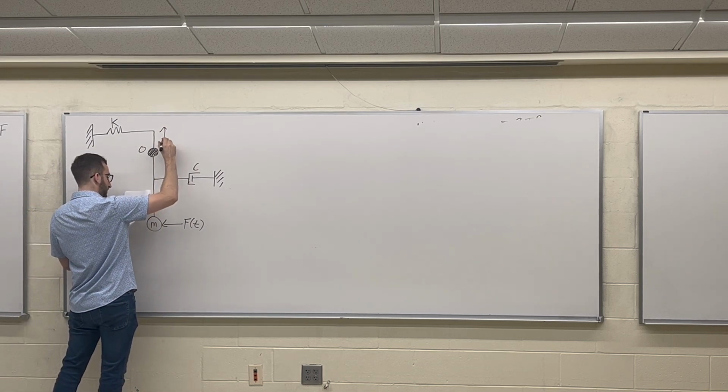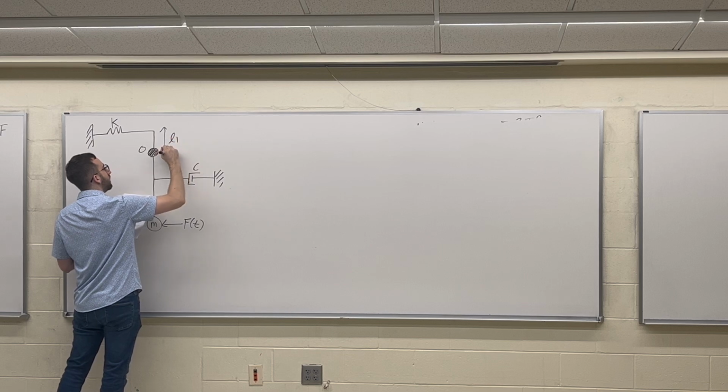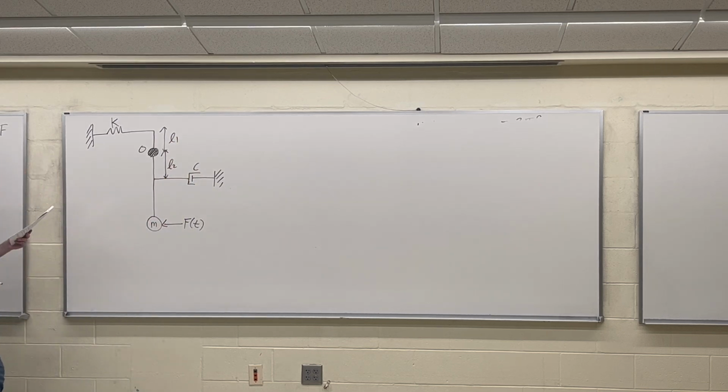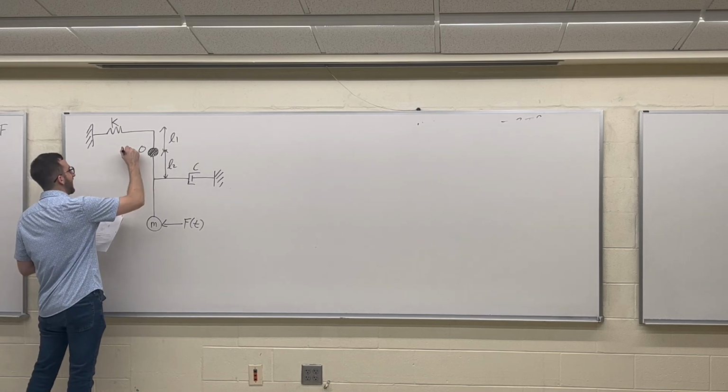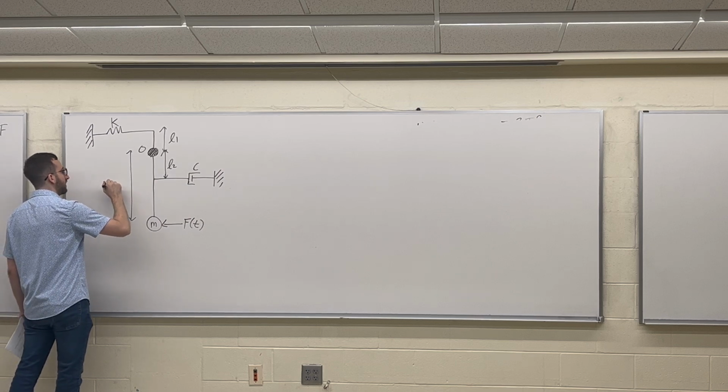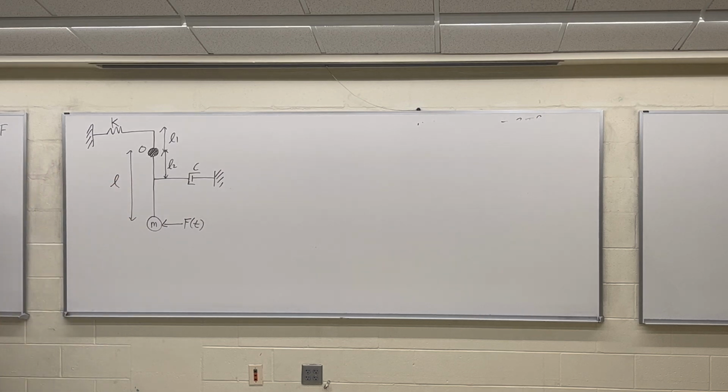This is L1. This is L2. They give us numbers for these, but we'll plug them in at the end if we want, but I'd rather just go ahead and derive this from the variables, and they call this L. K, L1, L2, L goes from the pivot point to the mass, and C. And that's everything we need for the problem.